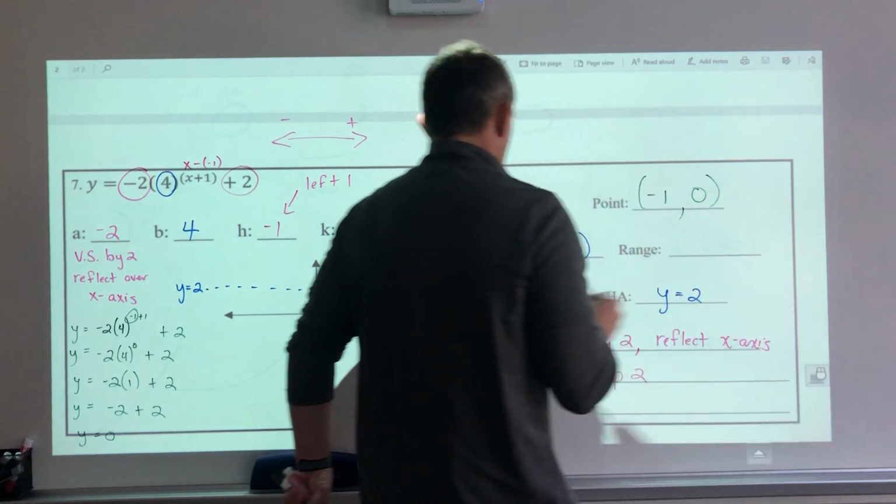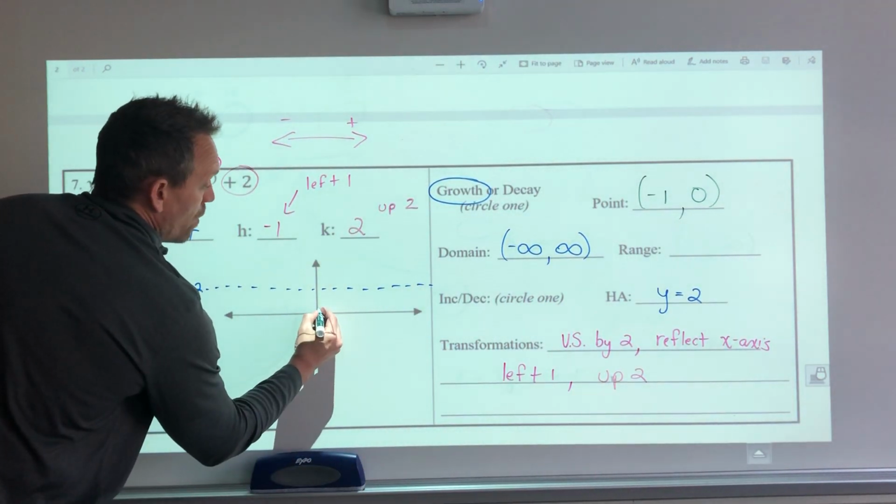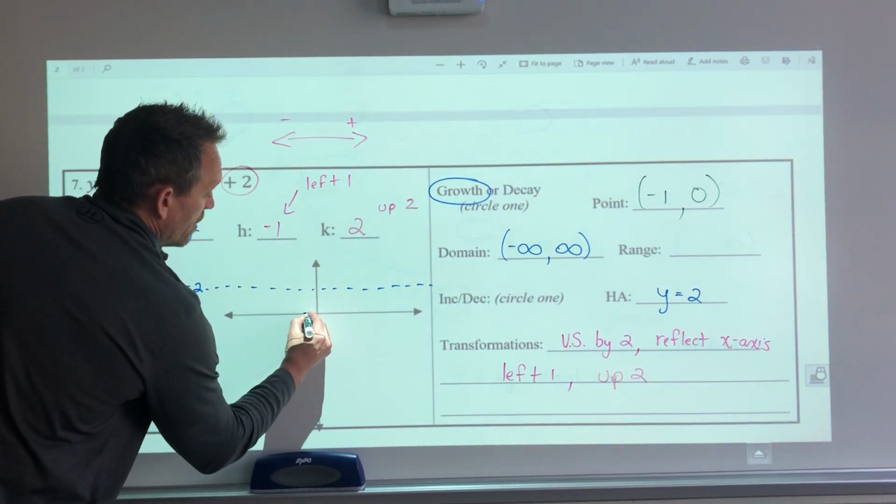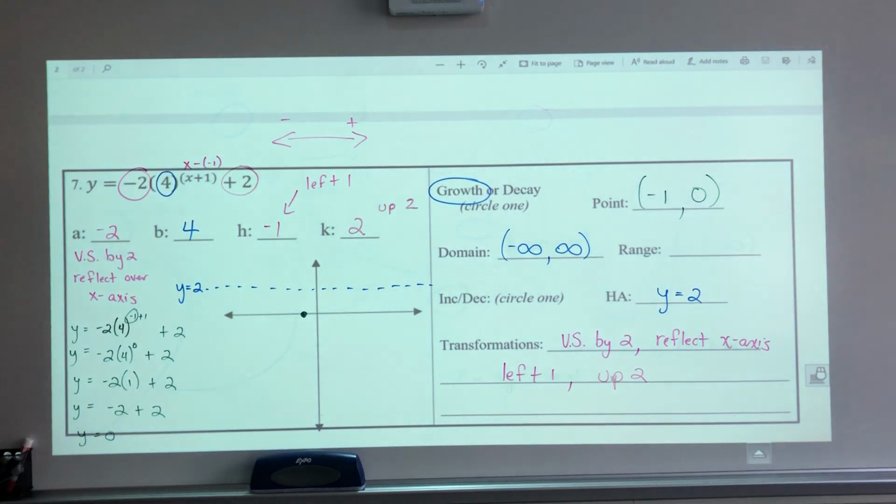So we have a point that will be at -1, 0. That's our point.